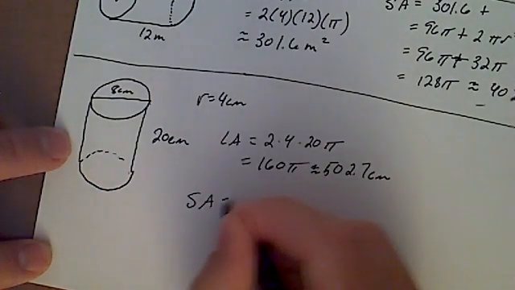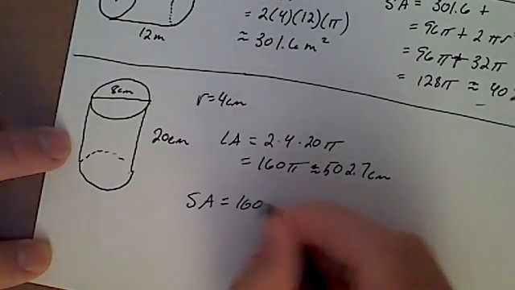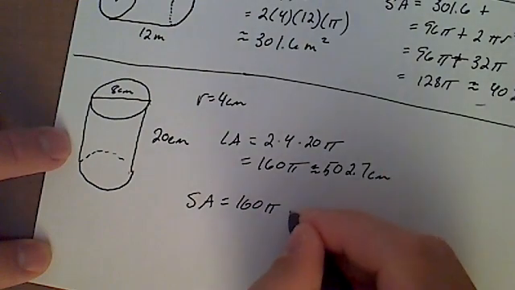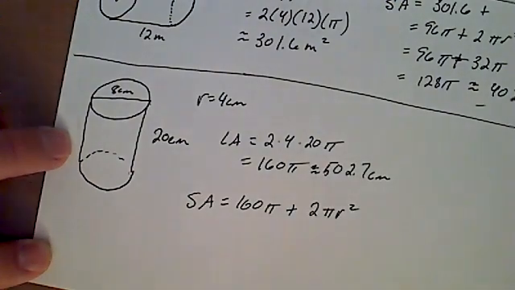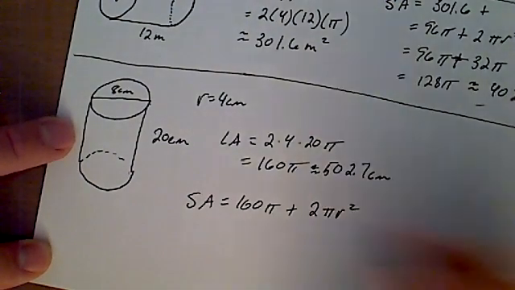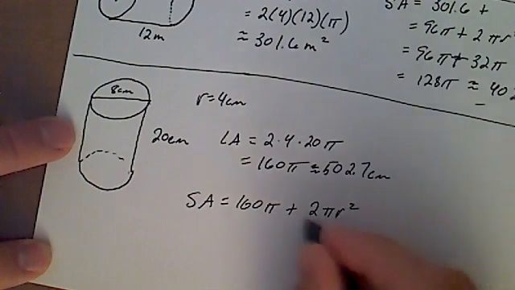Our surface area is 160 pi plus 2 pi r squared. R is 4, that's 16.